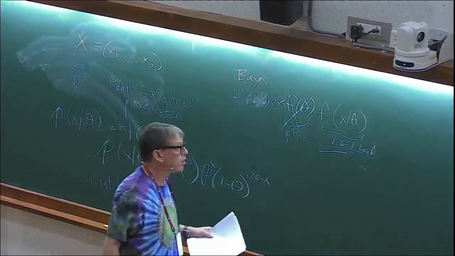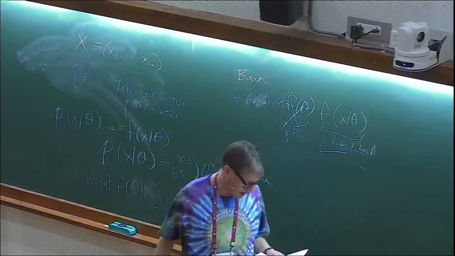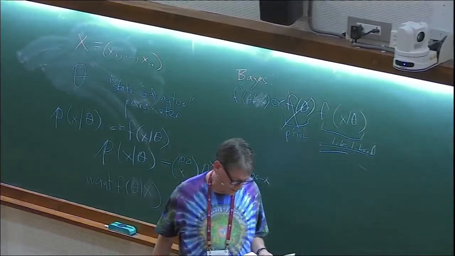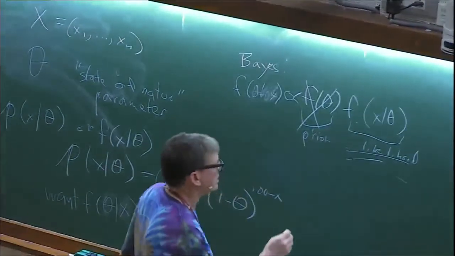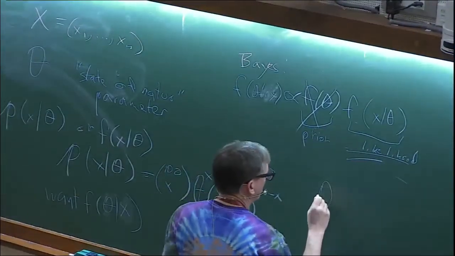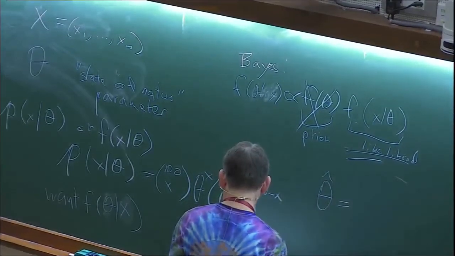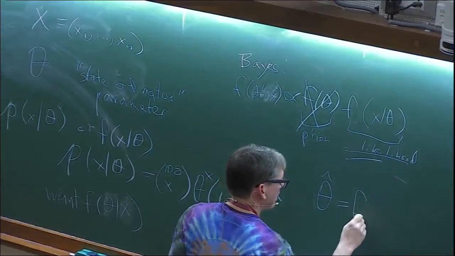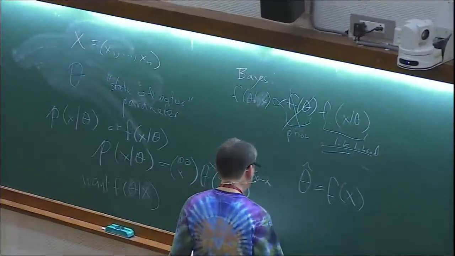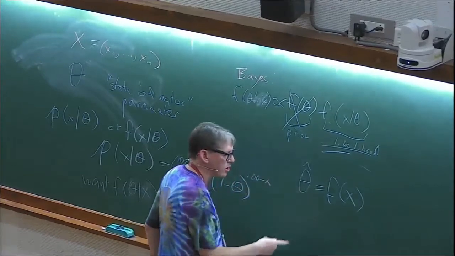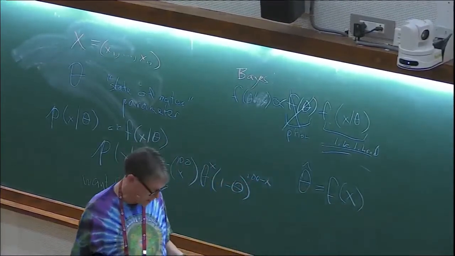Okay? We treat theta as fixed and x as random. Okay? What we want is an estimate, theta hat, which is some function of the data, and we want it to be close. We want theta hat to be close to theta.